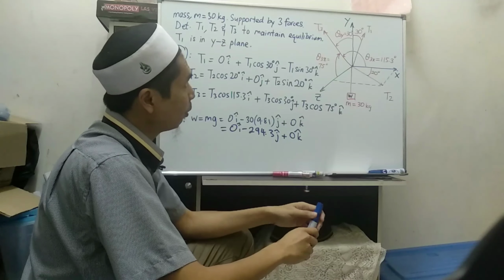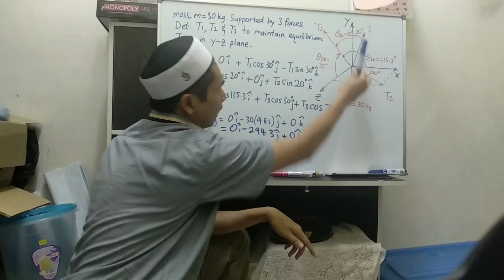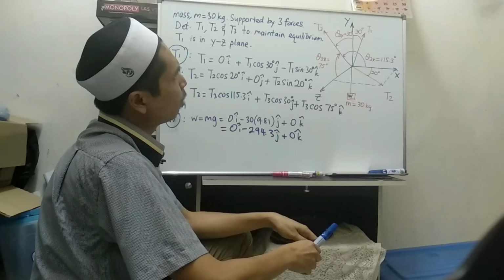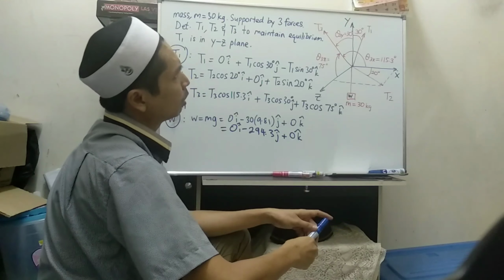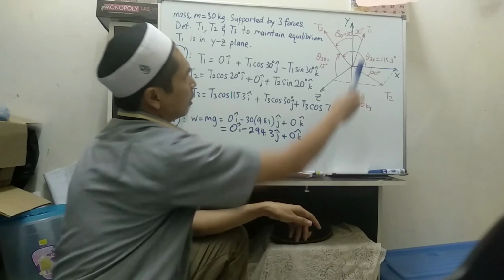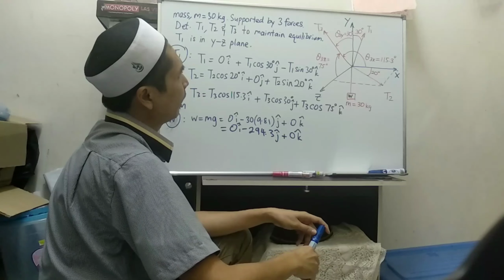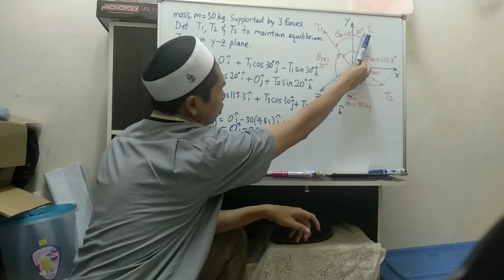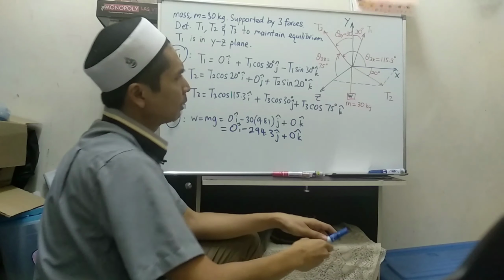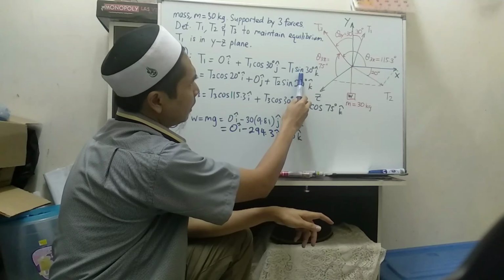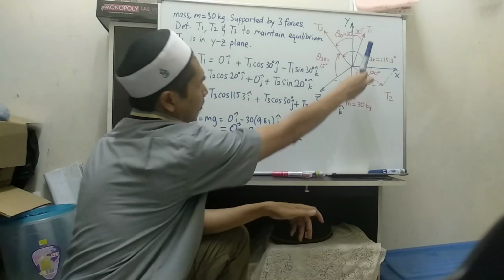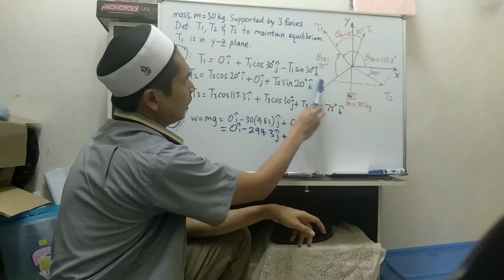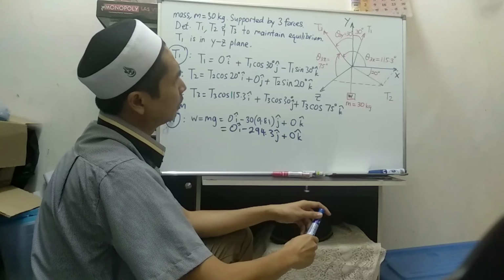For the Y component, we use T1 and the given 30 degree angle from the y-axis, so T1 cos 30 J. For the Z component, we take T1 sine 30, and the direction is the negative Z direction. So negative T1 sine 30 K.